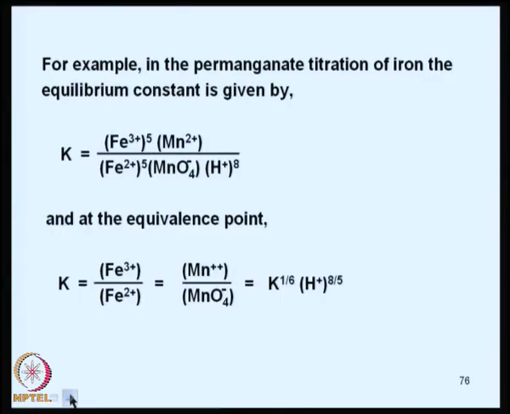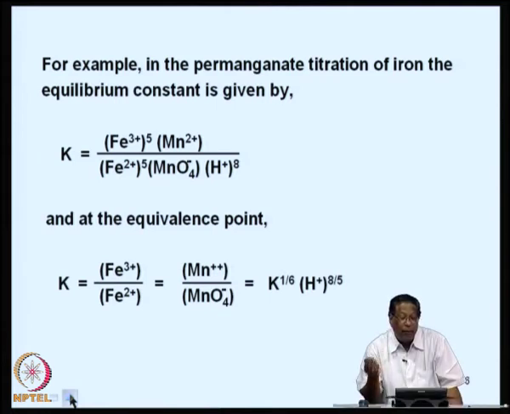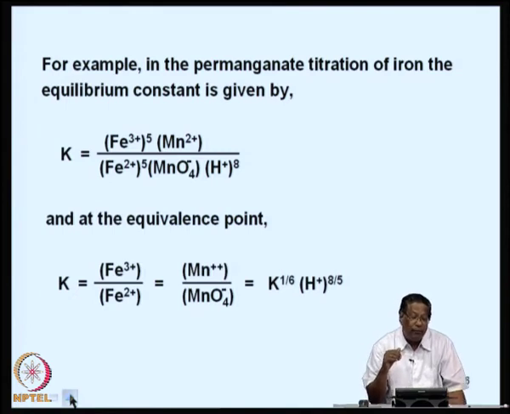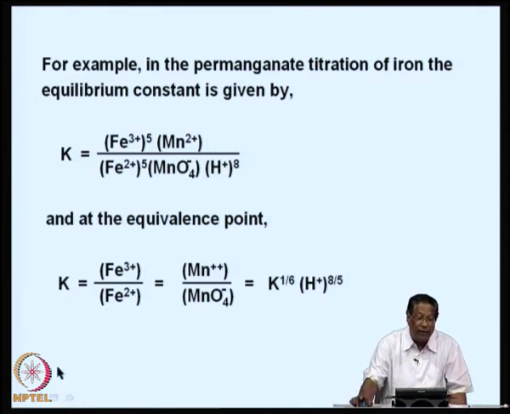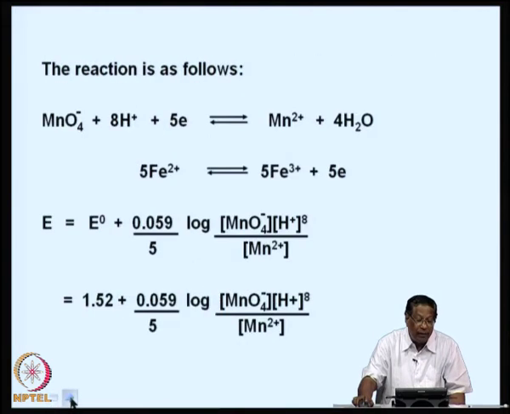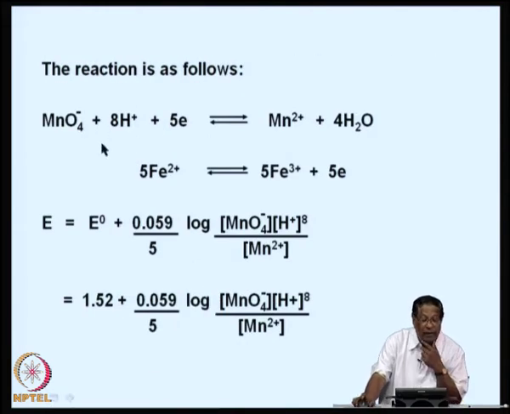So, if you take ferrous and add potassium permanganate, the ferrous will become ferric and the permanganate ion will become manganese ions. So, we can write the equation like this, that is MnO4 minus plus 8H plus plus 5e going to Mn2 plus plus 4H2O.